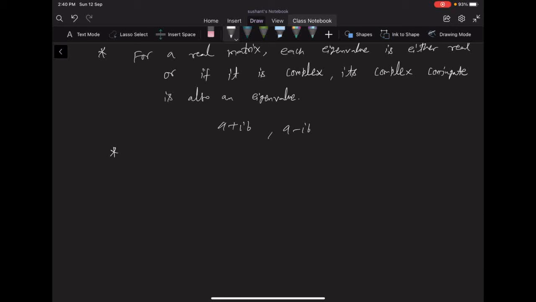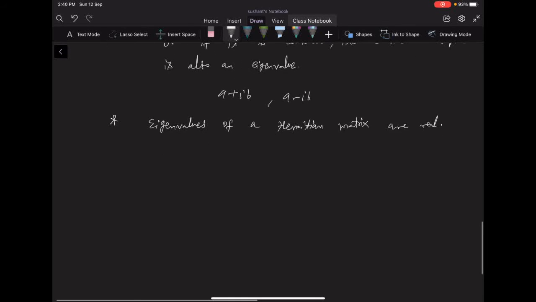The fourth point is that the eigenvalues of a Hermitian matrix are real. A Hermitian matrix is a matrix for which H dagger equals H, and its eigenvalues are real.